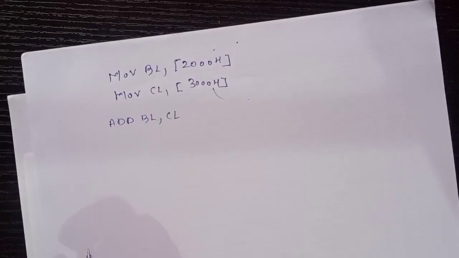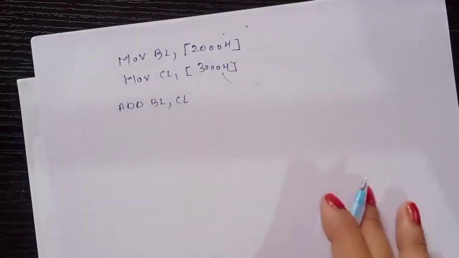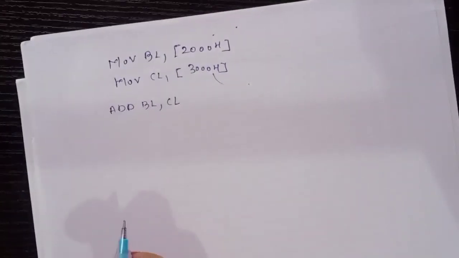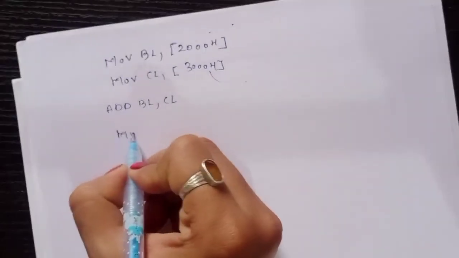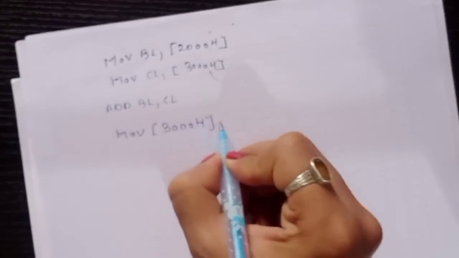Sometimes you know the data, sometimes you know the address. So in programming there are numerous situations that can happen, and for every situation there is an addressing mode. One more example, let's say reverse: MOV [3000H], BL.